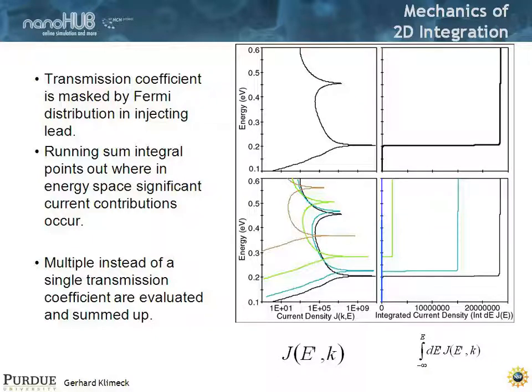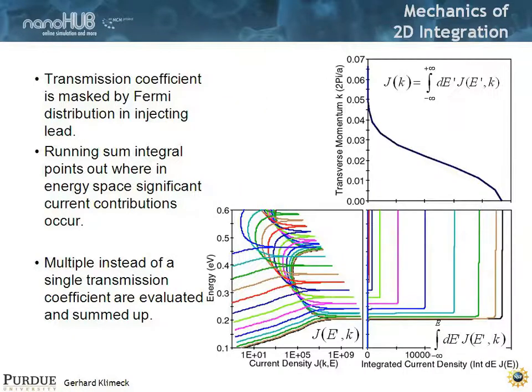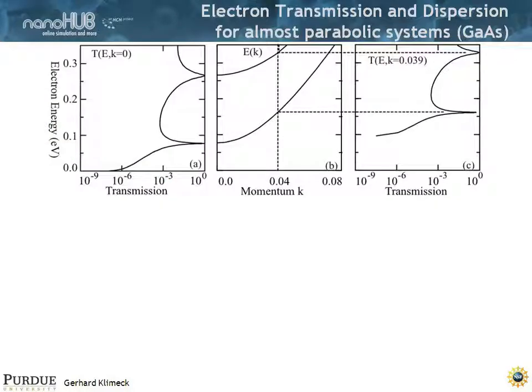Right? The current flowing in the transverse direction with k is decreasing. So you could plot that. So here is the transverse momentum, and here is sort of the peak value of these integrals as a function of k. So it's decaying nicely. So that looks all nice when you have a parabolic-like material.